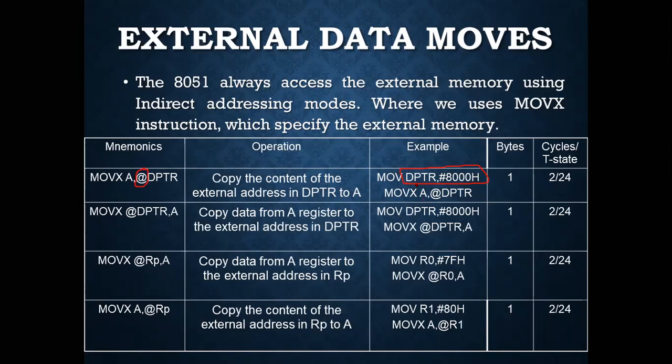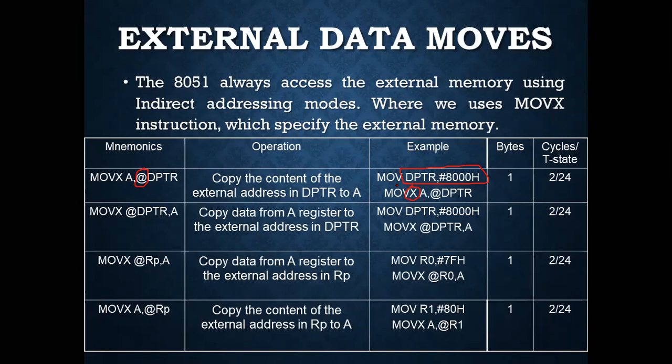Now just see that MOVX is there. What is the function of X? That is move external. X means external. Whenever the data is coming from the external RAM, this instruction will be executed.